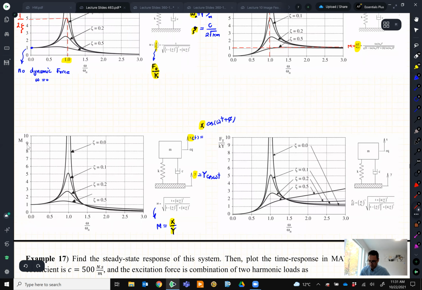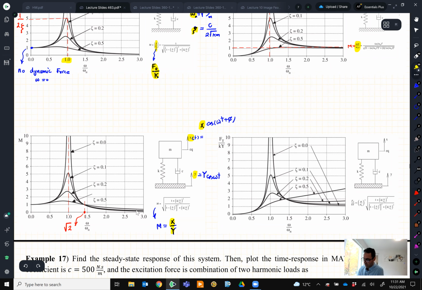In this graph, like always, at 1 the system is unhappy, and at square root of 2 my magnification factor is equal to 1, which we said has a meaning for us. Magnification factor equal to 1 means whatever my base vibrates, I will get the same magnitude for mass M. If it is vibrating with an amplitude of 1 millimeter, I would get 1 millimeter. So that's when M is 1. And we said we wish to be after this square root of 2 because it means less vibration.